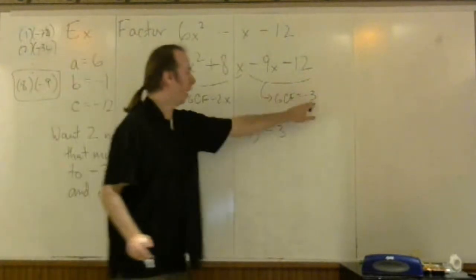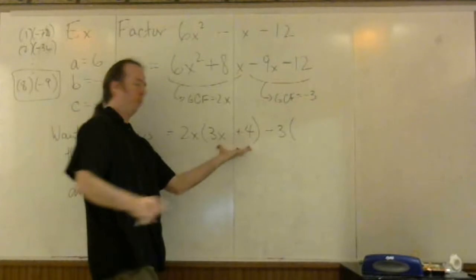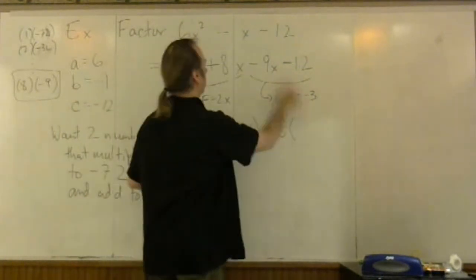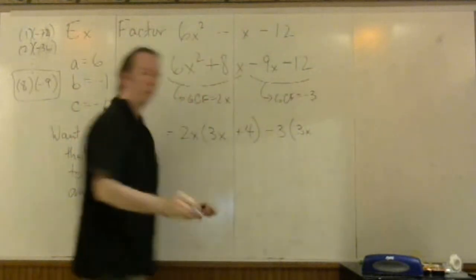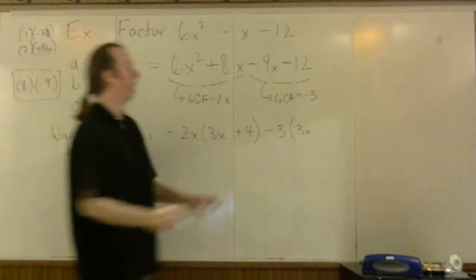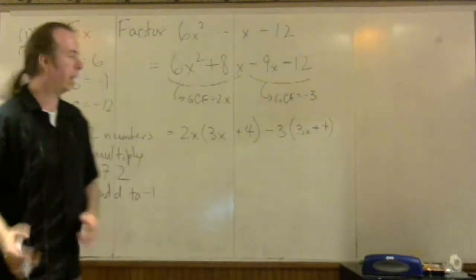I'm factoring the minus 3 out of the next two. And I should end up with the same thing. Minus 9x divided by minus 3, I'm left with 3x. And then minus 12 divided by minus 3 leaves me with a positive 4.